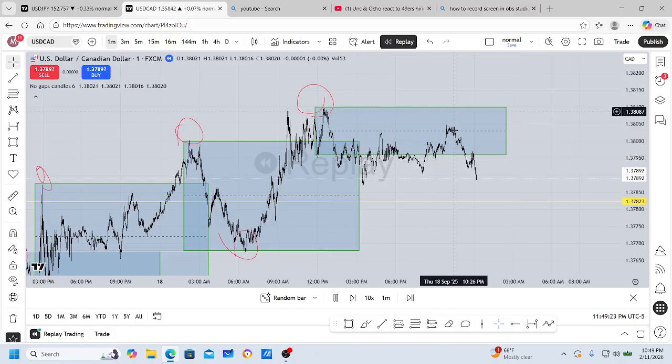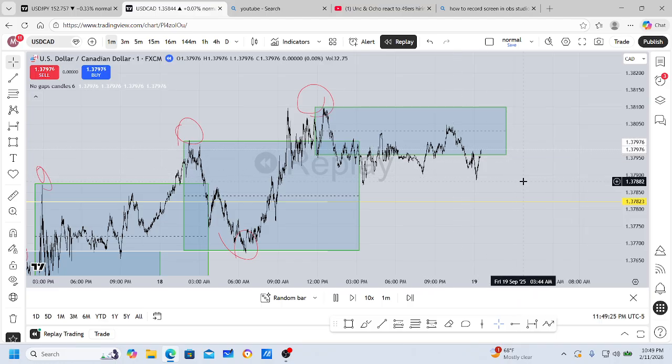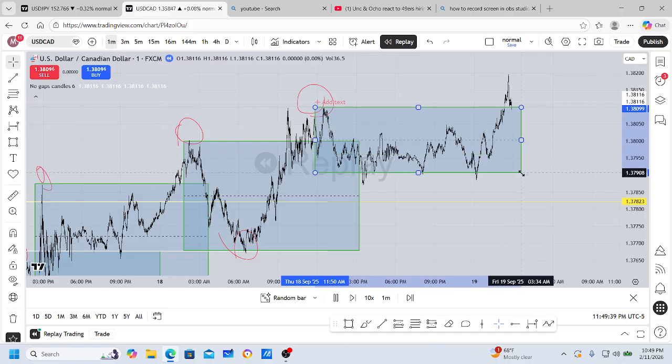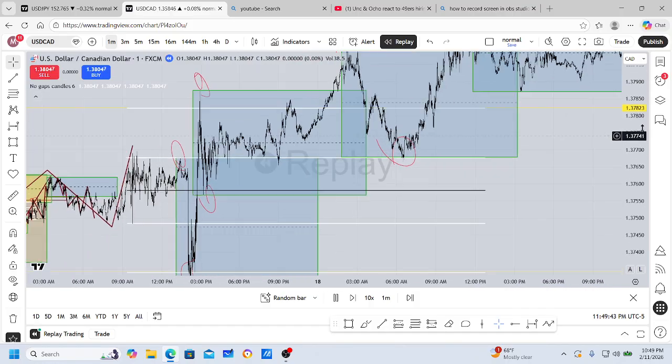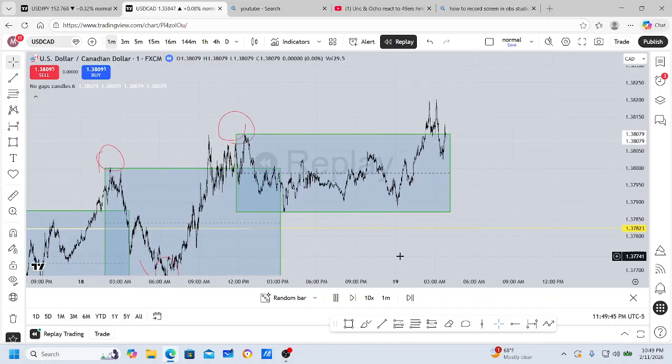Mitigation. Let's see. Yep. See? 4th swing. All right, let's see if it's going to reverse. We have 4 swings. Might put in another swing and then reverse.